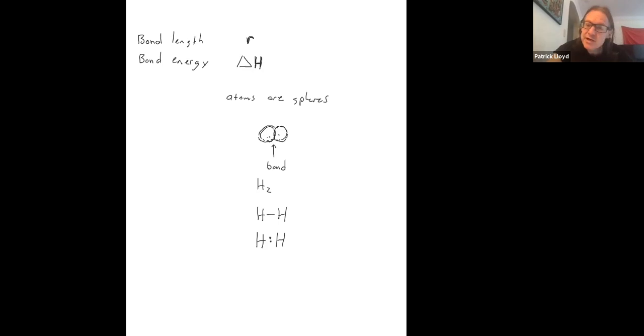The two atoms are attached to each other. It turns out that there are ways to measure how close the nuclei are. I'm going to put the nucleus of each atom right there. So there's your nucleus for each atom.